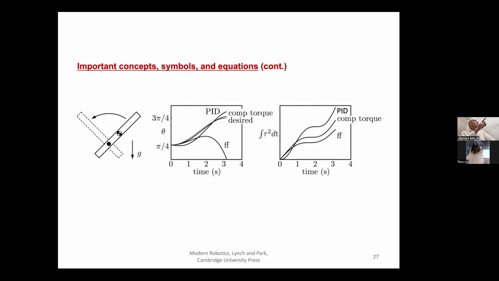And then there is this computed torque controller, which is a combination. You build in your prior knowledge, if you will. That's in the feed forward part, and yet you also measure the error and you correct on that. And the purpose of these two panels is to show that that works the best. And that's not surprising. I mean, it's intuitive that if you have prior knowledge, it should help.